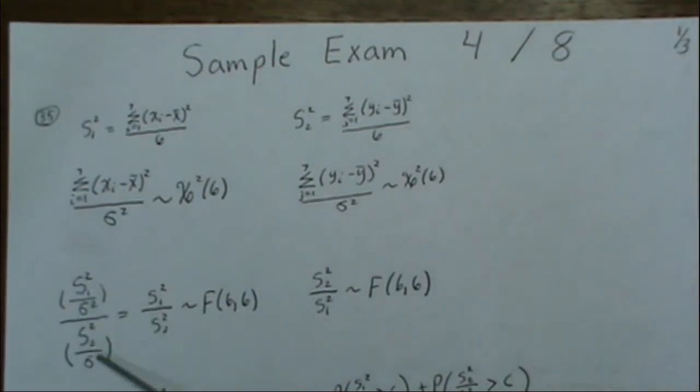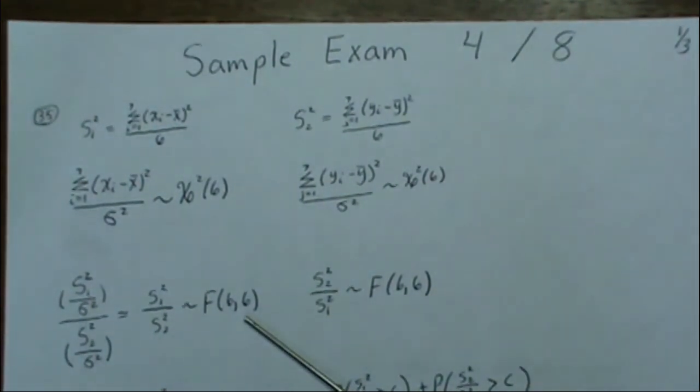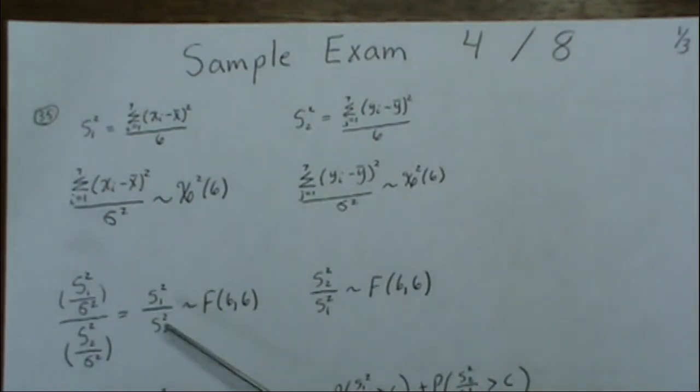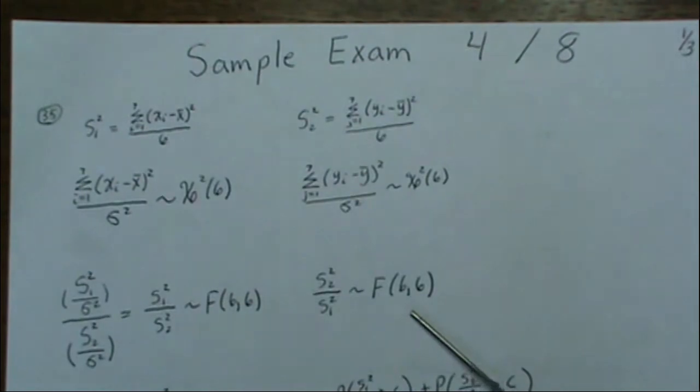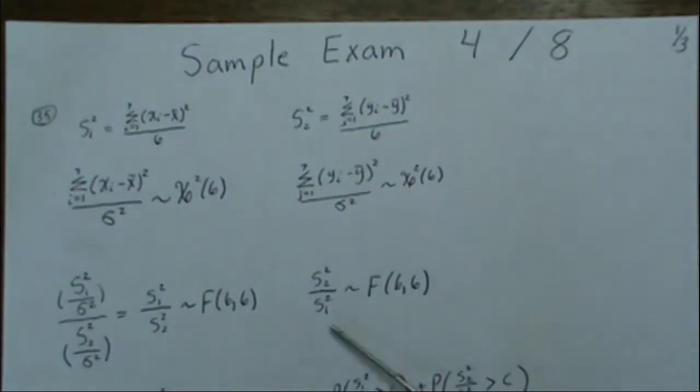When you invert and multiply, you get this setting here. And if this is an F, then reversing those two, they're still both chi-squareds, and the numerator and denominator degrees of freedom would flip, but because they're the same, it looks like the same.